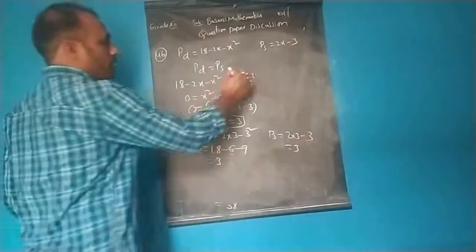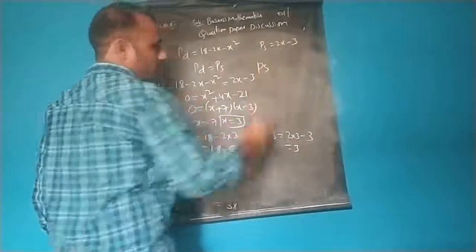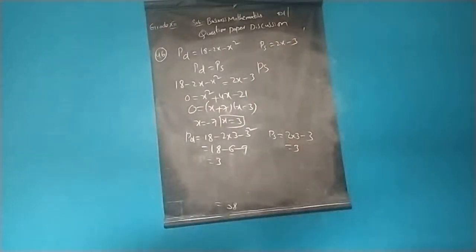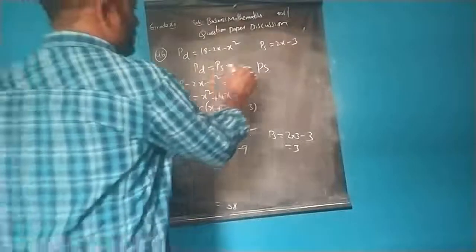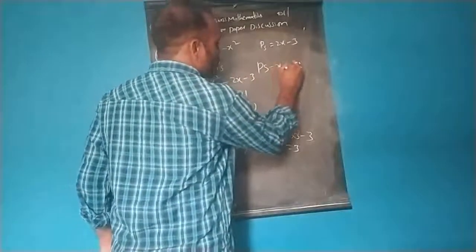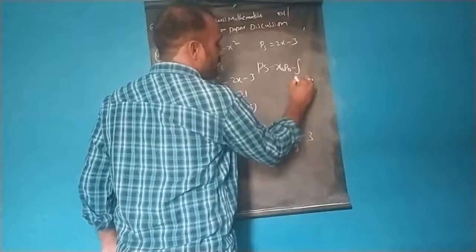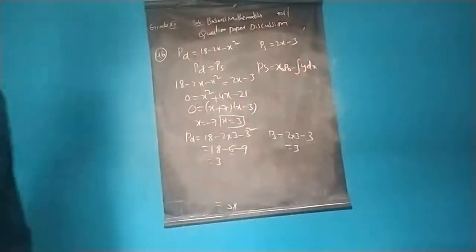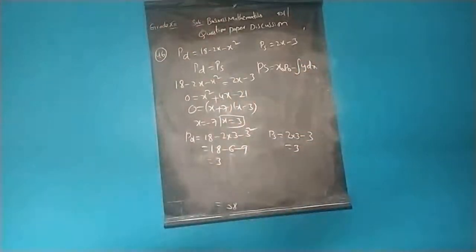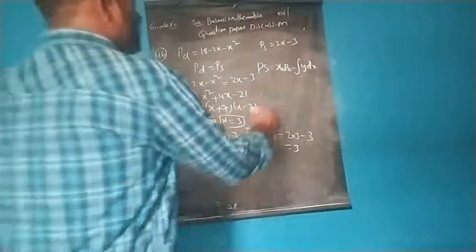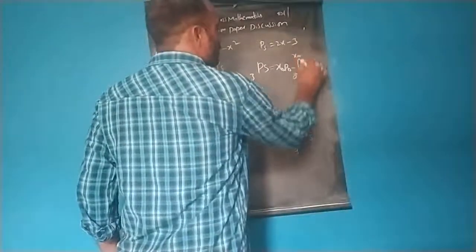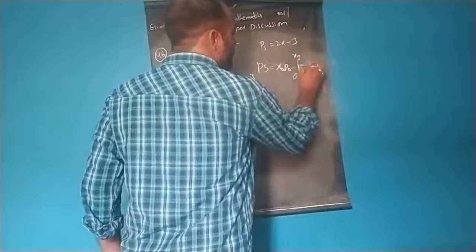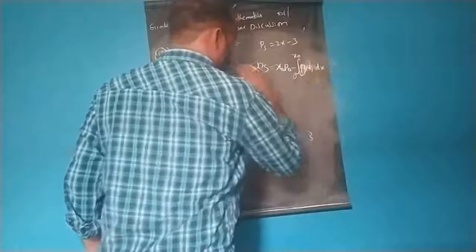So we need to find out the producer surplus first, PS. We need to find out the producer surplus as well as the consumer surplus. If you are finding the producer surplus, the formula will be x naught P naught minus the integral of y dx, that is 0 to x naught, y dx or g of x dx.